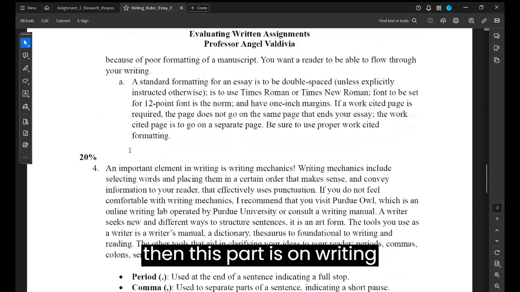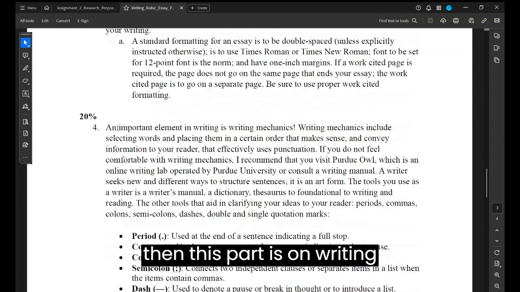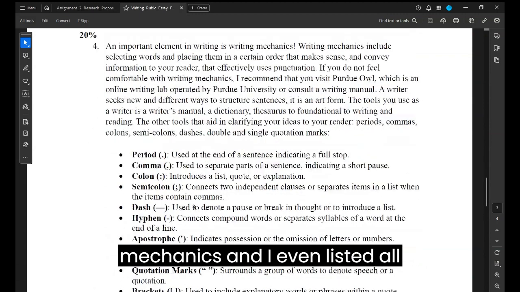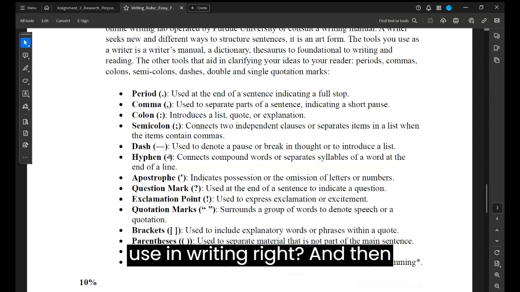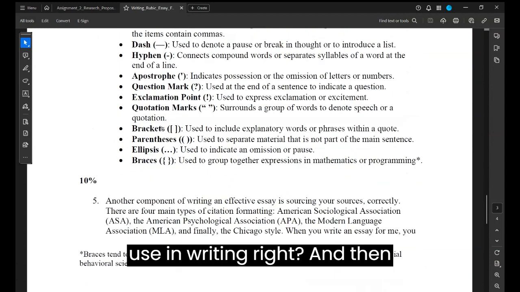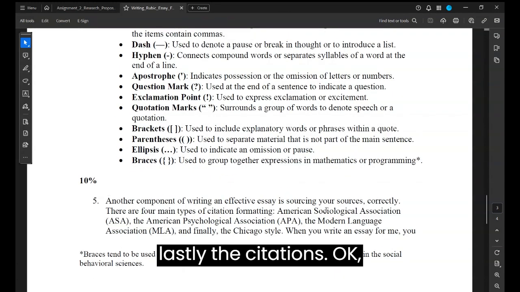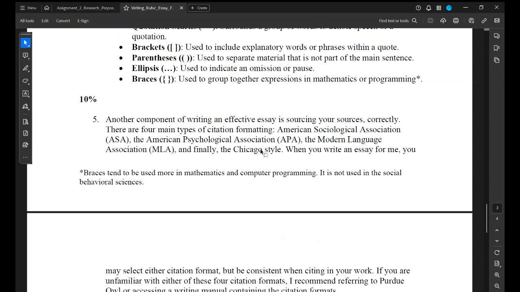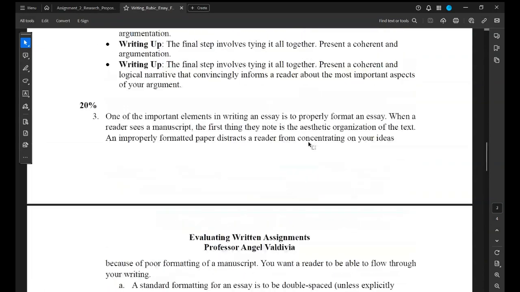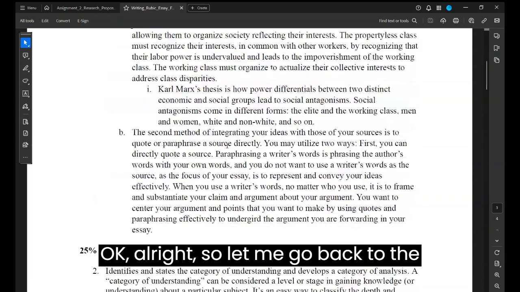All right, and then this part is on writing mechanics, and I even listed all the punctuation that we use in writing, right? And then lastly, the citations, okay, which adds up to 100%. Okay, all right. So let me go back to the top.